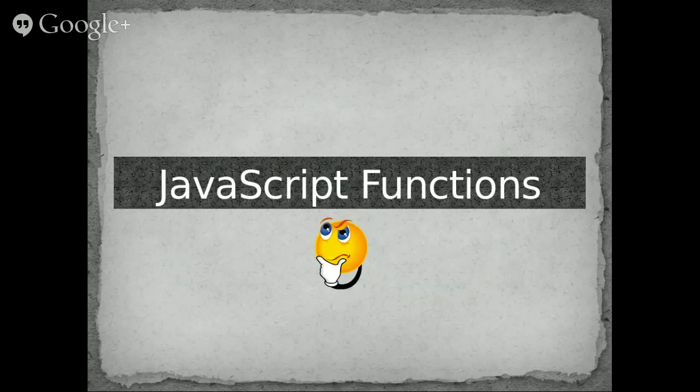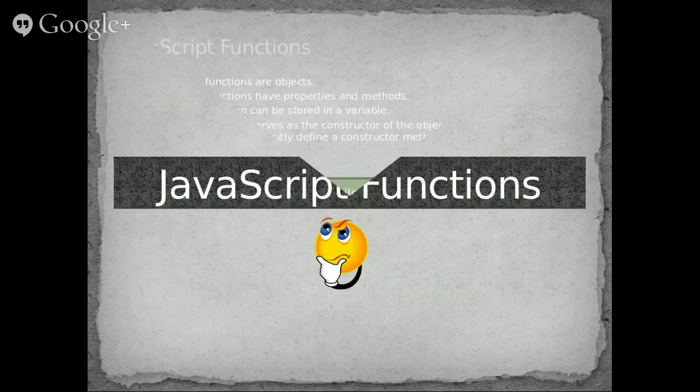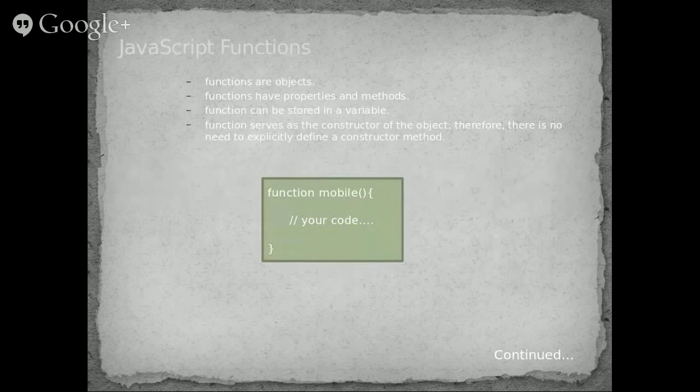So in JavaScript, functions are objects. We can have methods, properties, and we can even store a function in another variable. And as I said before, when you use the new operator, this function serves as a constructor. There are two types of functions available in JavaScript.